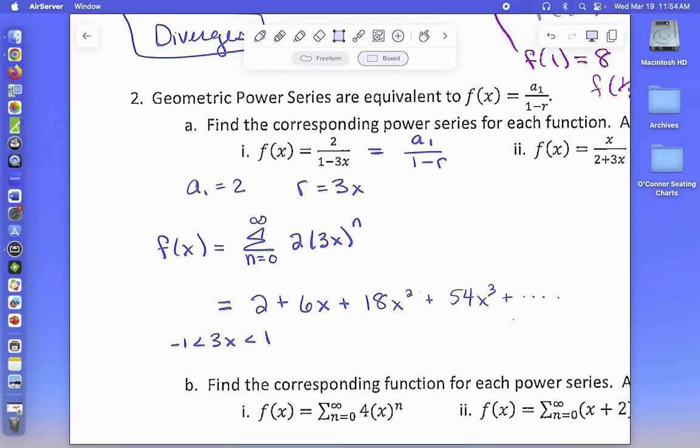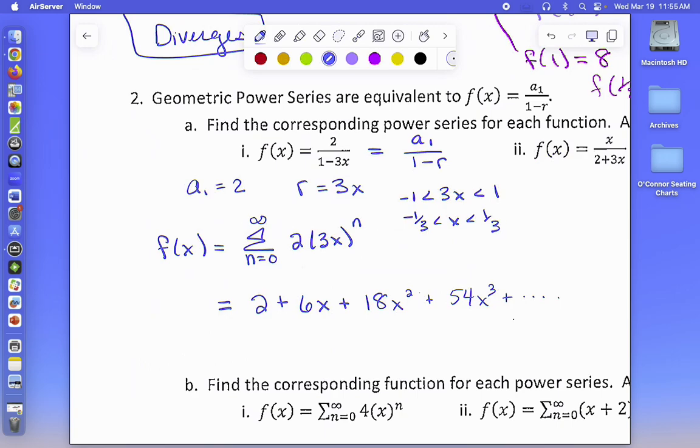I'm going to move this off to the side. Oh, that's our halfway. After this, we'll do a brain break. -1 is less than 3x is less than +1. And if we were to solve that, we'd get -1/3 is less than x is less than +1/3. And this is our interval of convergence.